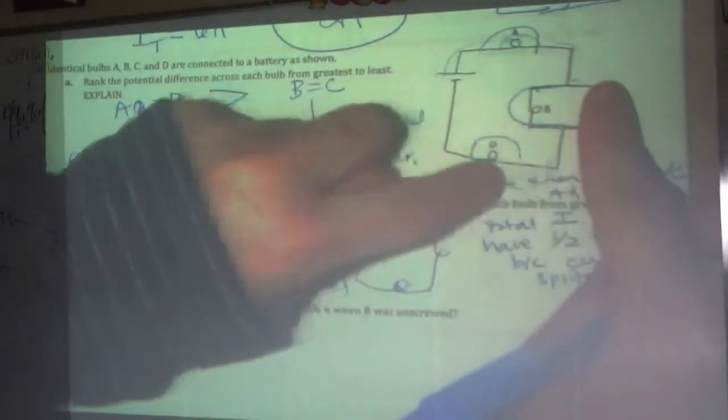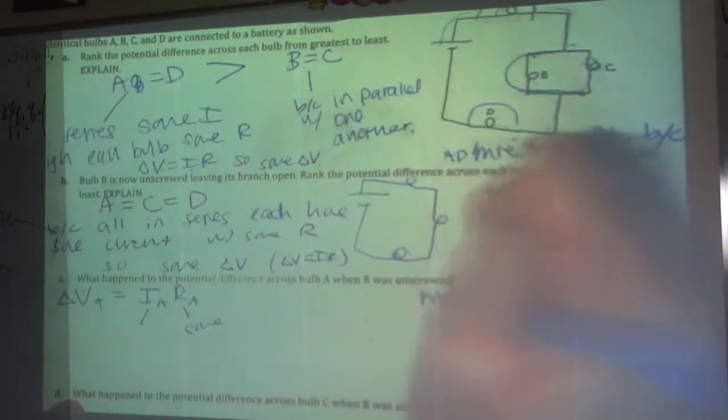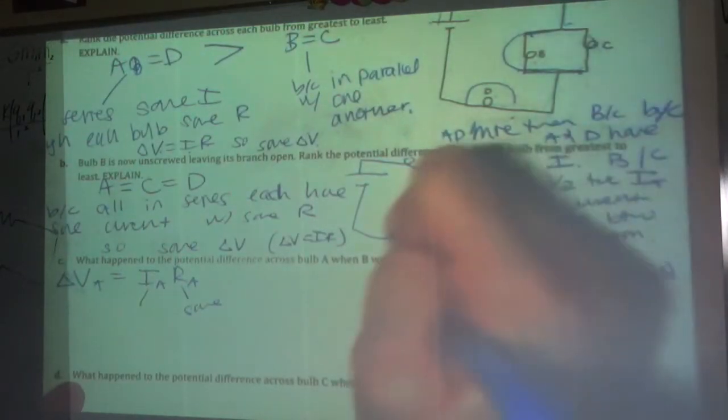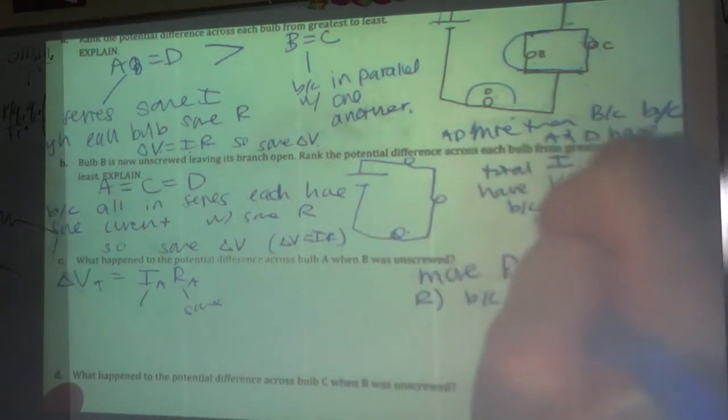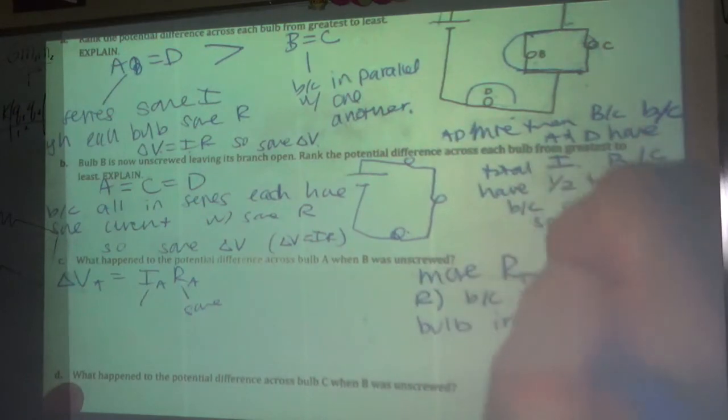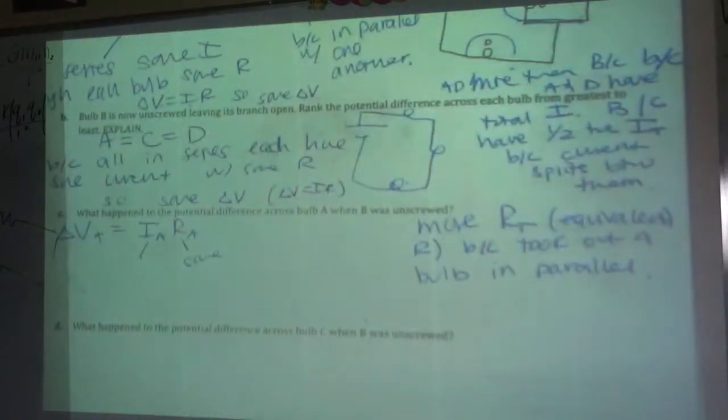Now they're all in series. So when we take out something in parallel, we have more R total. So you have more equivalent resistance, because you took out a bulb in parallel. And when you add them in parallel, it's weird, but the more resistors in parallel, the less R total you get. So if I take out one in parallel, I get more R total.